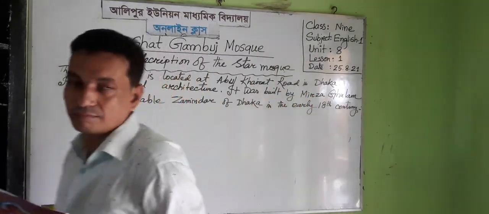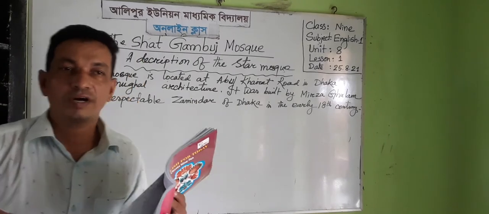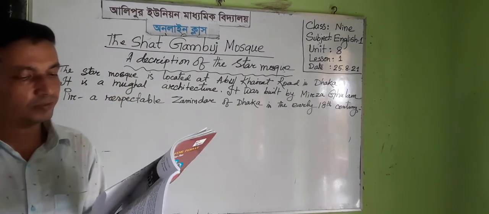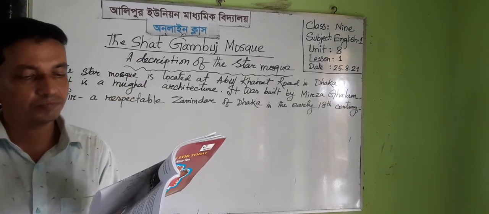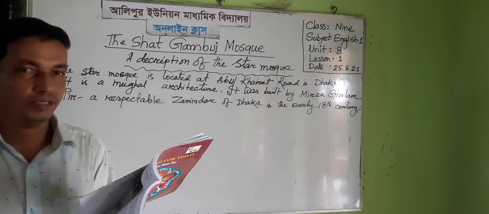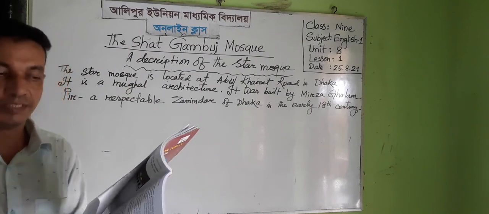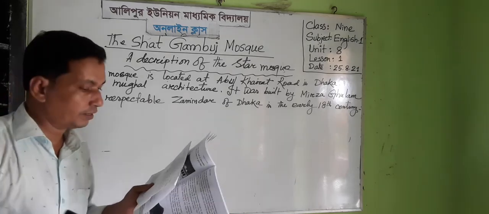Because you know that the mosque is founded by a pir, that means Mirza Ghulam Pir. He is a very respectable Jamindar of that time in Dhaka.